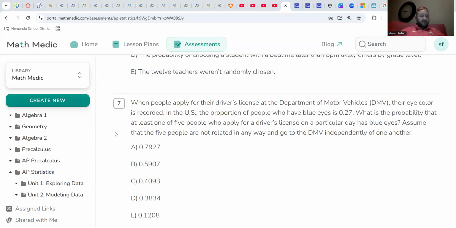Well, really, if I'm looking for nobody, wouldn't that be 0.73 raised to the fifth?